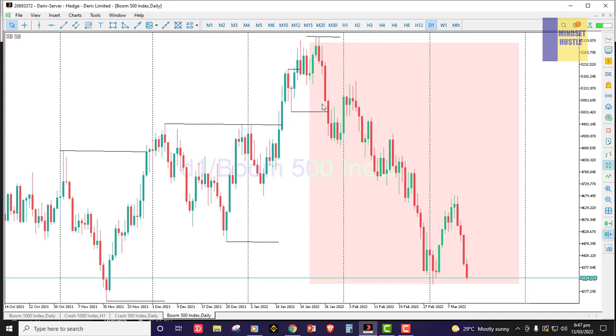Once that happened, then you should begin to remember the fact that you are supposed to trade in the direction of the breaking structure. So all you need to do is to look for what caused this break of structure, and you do that on the lower time frame and even on the higher time frame, but then you don't do your entry on the higher time frame, you do your entry on the lower time frame. So you do your analysis on the higher time frame and you do your entries on the lower time frame, okay guys.